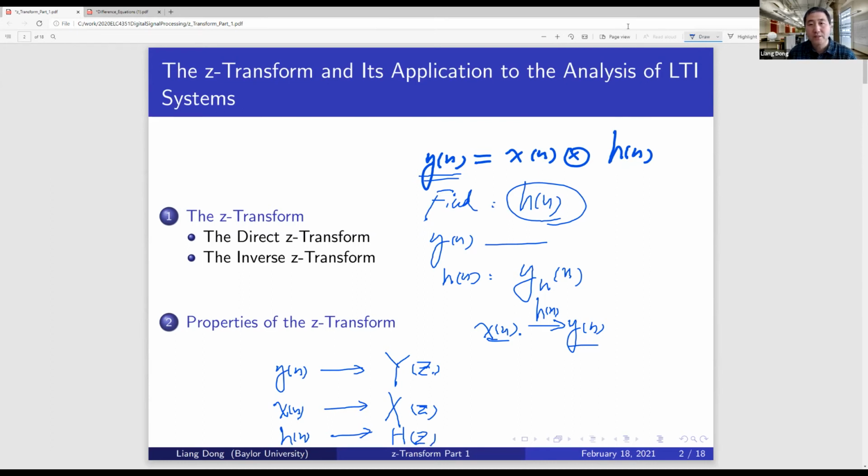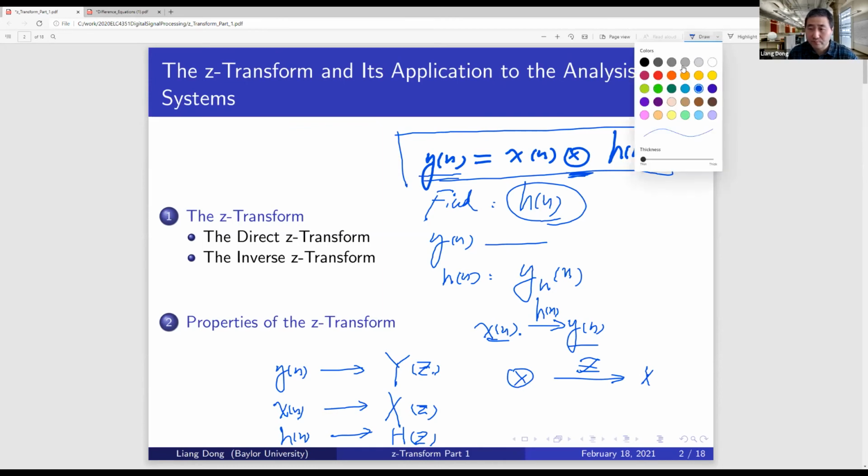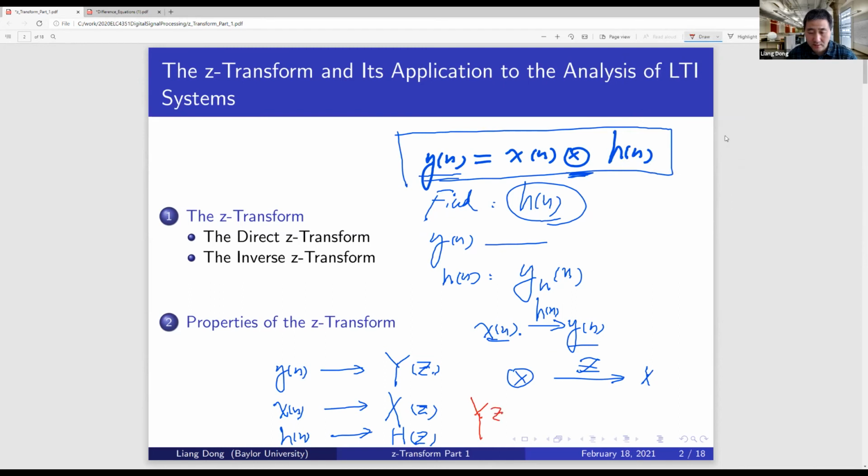According to the property of Z-transform, the convolution, very nice, putting the Z-transform here, becomes a product. Let me just write the product here. Therefore, the entire thing now becomes a very nice format, which is Y(z) equals X(z) times H(z).